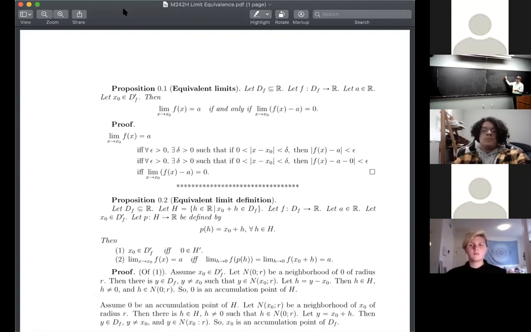Now, the nice thing about the proof, and you guys got to get used to epsilon delta proofs, all right? It's what it is. When you write down what you mean by the epsilon delta proof of the first one, and you write down what you mean by the epsilon delta proof of the second one, just write them out. That's what I did in the proof. It says limit f(x) if and only if.